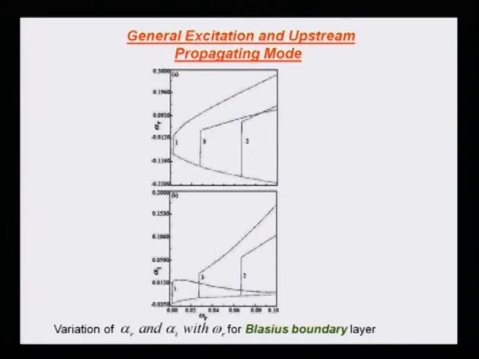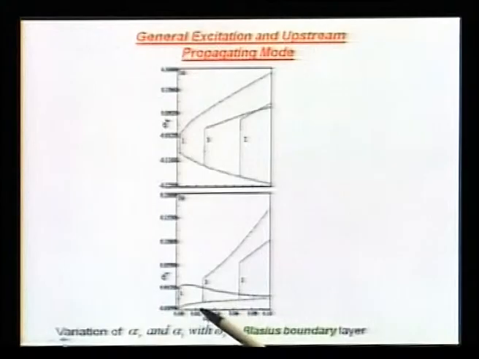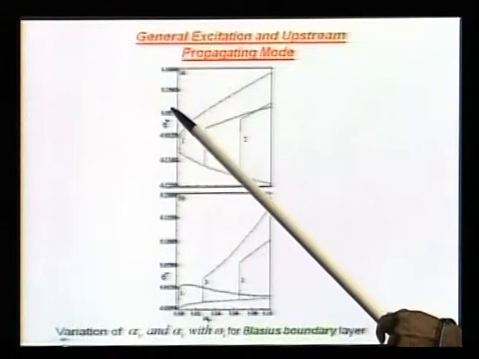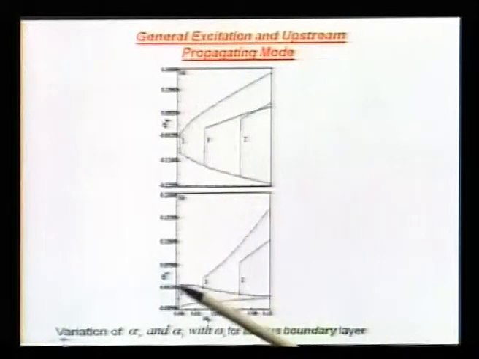Here it is. On this axis I plot omega r, and on this axis, in the top figure I am plotting alpha r, and in the bottom figure I am plotting alpha I. Suppose I am looking at a problem of Reynolds number 1000 and this value is, let us say, 0.1.